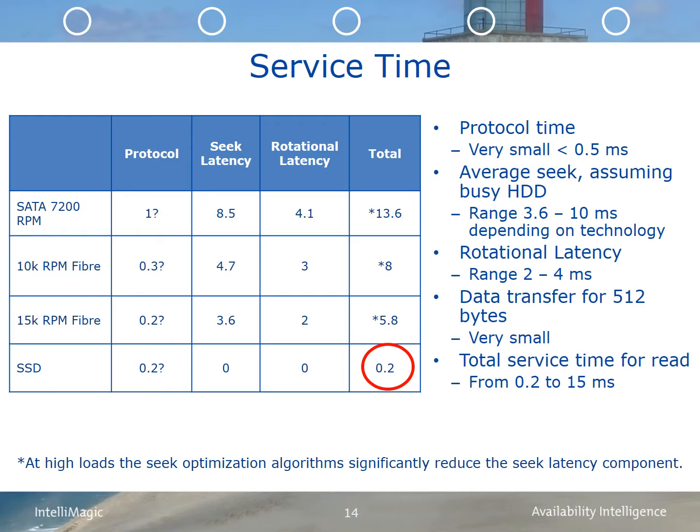Obviously, the 15Ks can be under 5 milliseconds depending on how it's being accessed and the firmware around the drive and the optimization that's taking place. 10K RPMs tend to be between 6 and 8, and SATA nearline drives tend to be between 10 and 13 milliseconds depending on the drive and how intelligent the algorithms are.